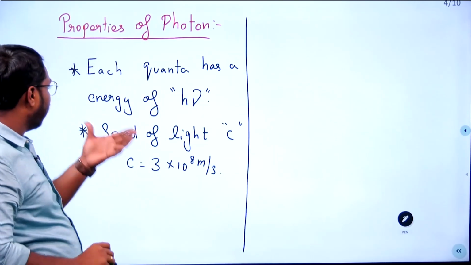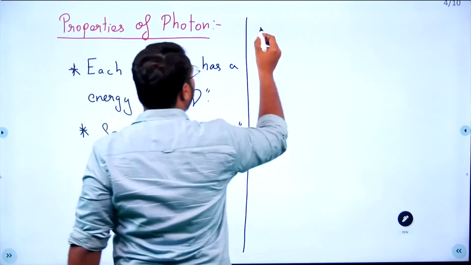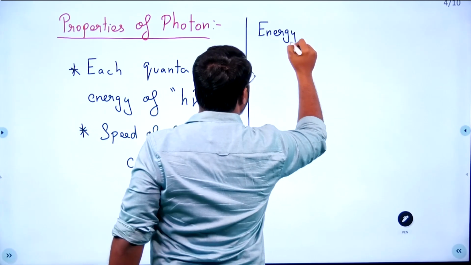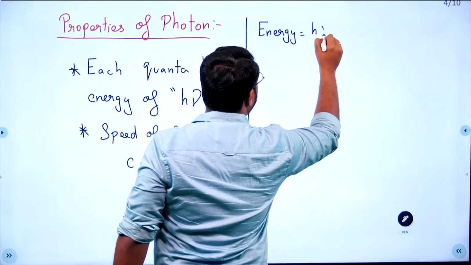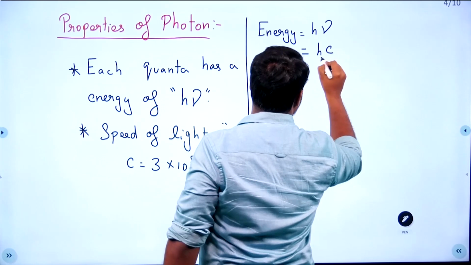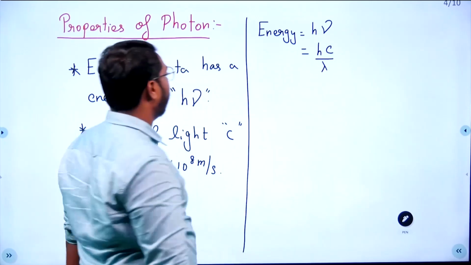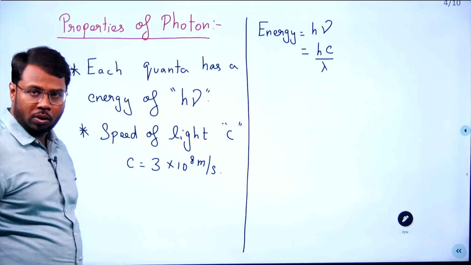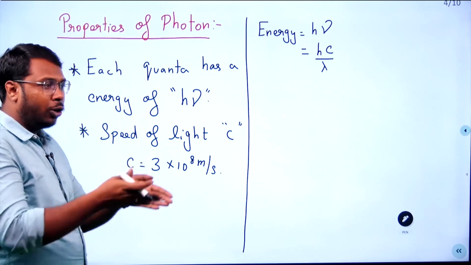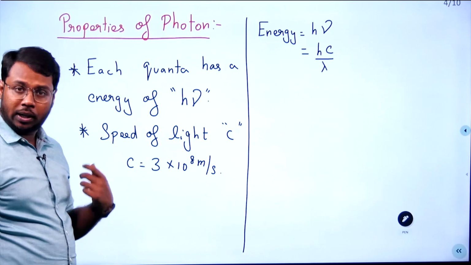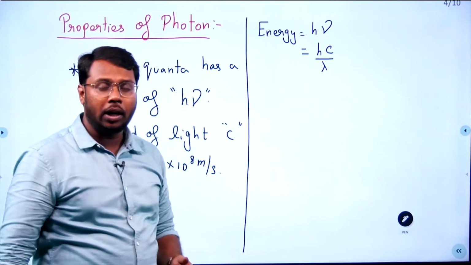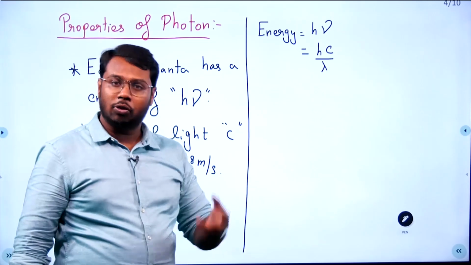Then the energy of the photon is equal to h mu. Mu is written as c by lambda, so h into c by lambda it is. If you are provided with a light of certain wavelength, and if you just substitute it over here, you will get the answer in terms of joules.